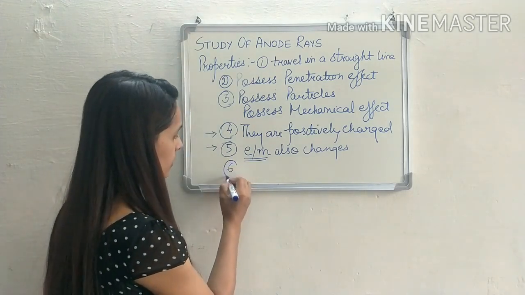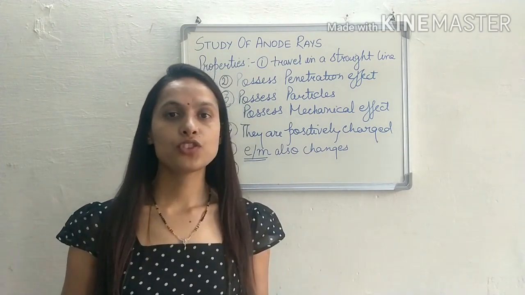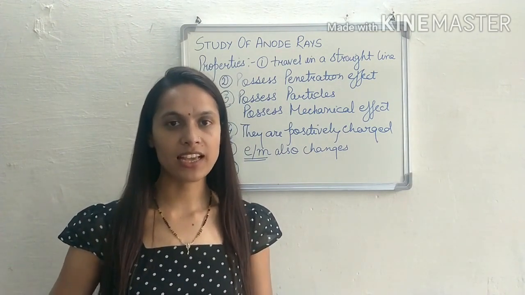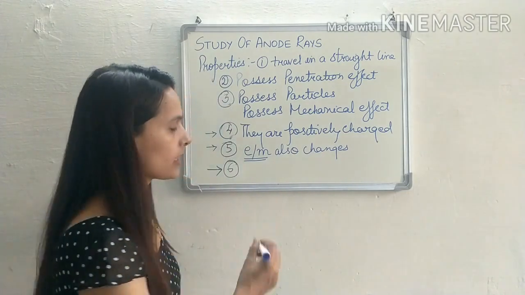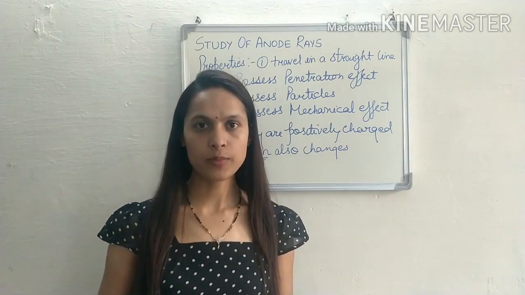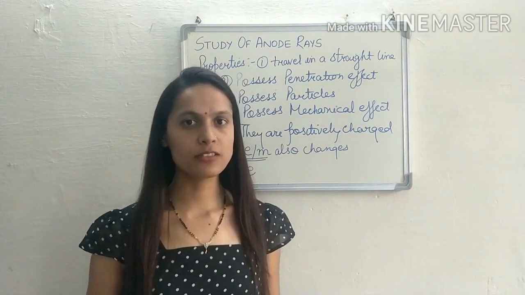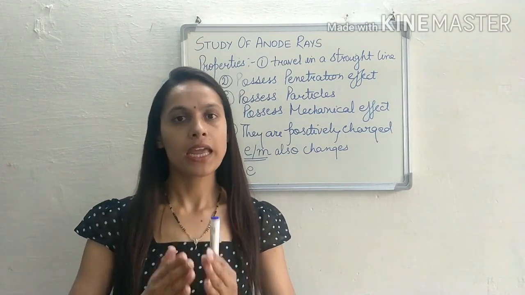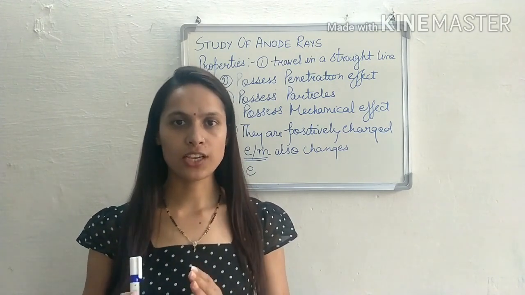Now, sixth is, if we talk about the cathode rays, the value of charge for each gas, means the value of e for each gas remains same. But if we are talking about anode rays, the value of e for every gas is different. It means not only the value of charge to mass, but the value of charge also changes with the change in the nature of the gas which is present in the discharge tube.